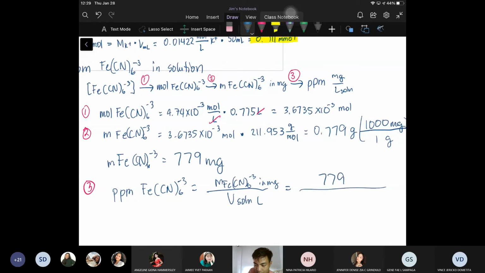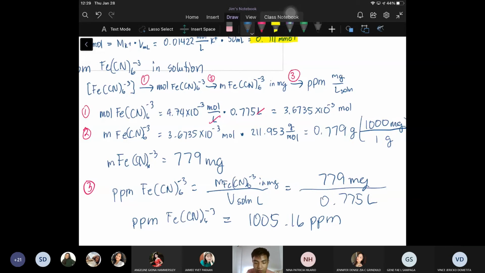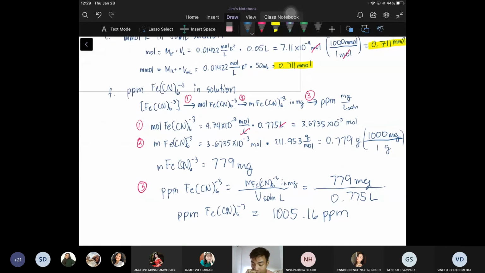So, that's 779 mg divided by 0.775 liters. No? So, to solve for the ppm of FeCN6, medyo malaki yung number na yan. So, that is 1,005.16 ppm. Okay. Ang daming sinasolve, no? So, yan. Letter F pa lang yun.